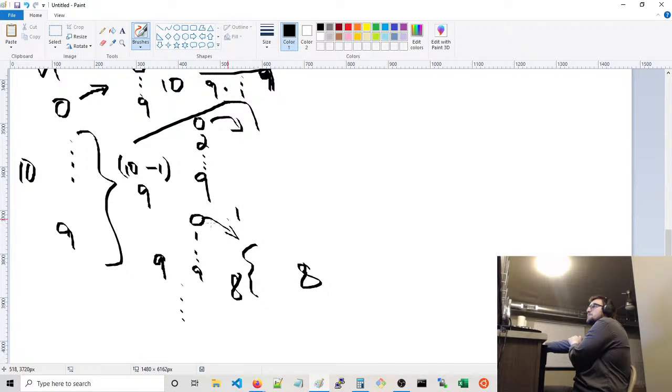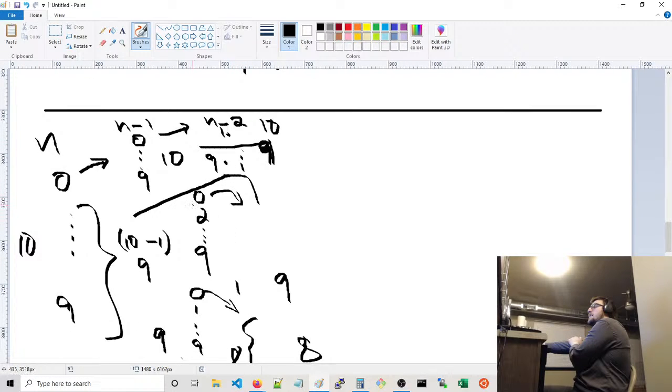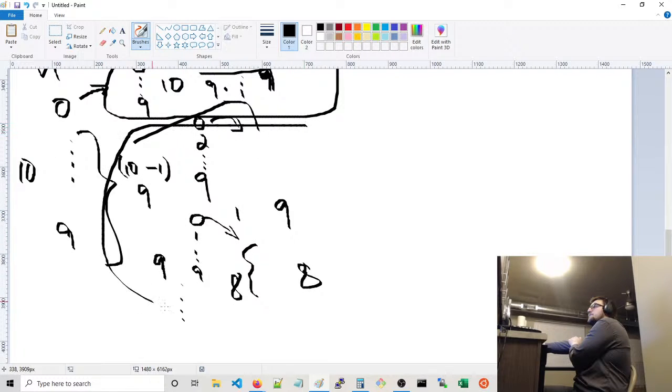And one of these times we have still 9 characters. And this is somewhat recursive, right? N minus 1 and 10. And this is sort of, now how is this wrong though?